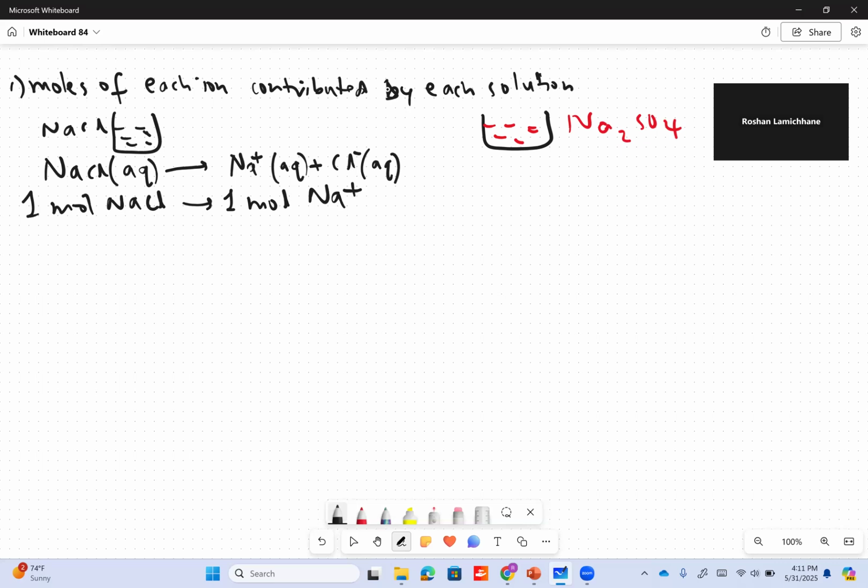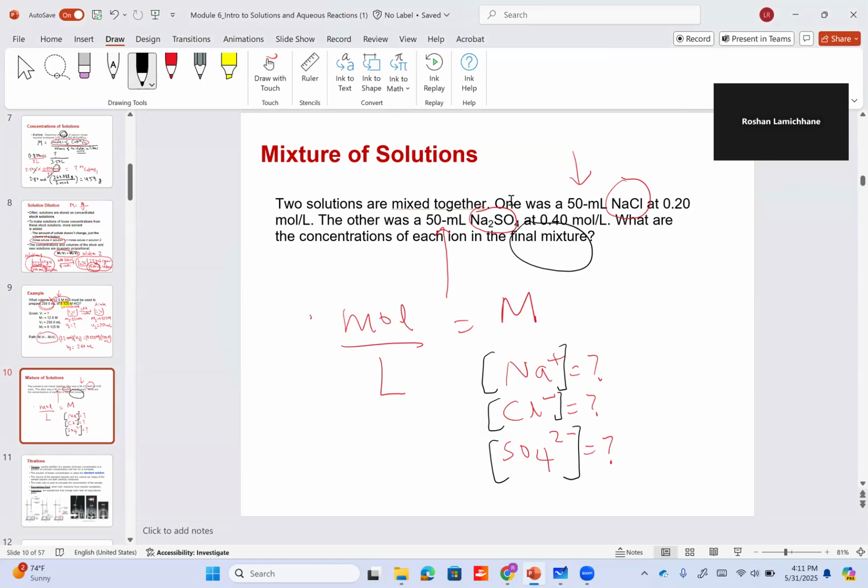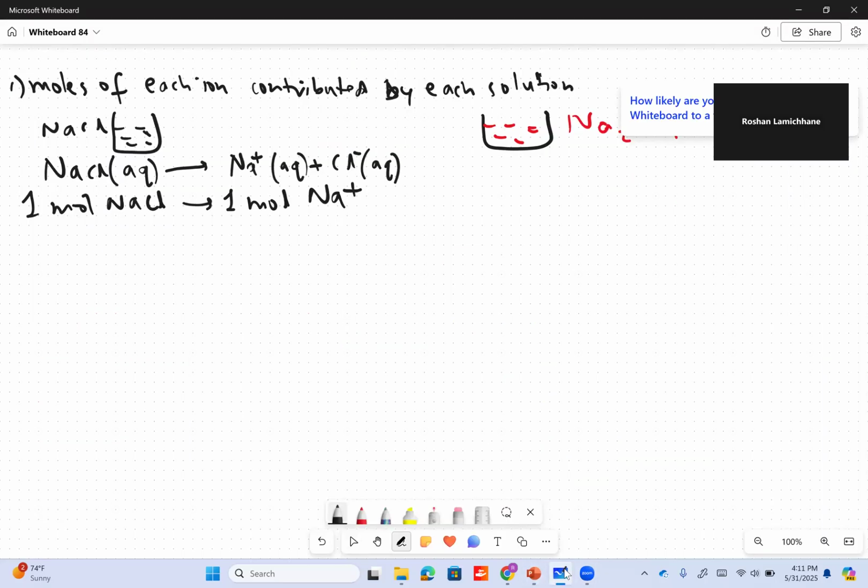All right, because this is going to be important. Based on my question, first thing I'm going to do is figure out my number of moles of NaCl, because my first solution said I had 50 mL of NaCl at 0.20 moles per liter. If I figure out the number of moles of NaCl, I can use this conversion factor to figure out my moles of Na+.